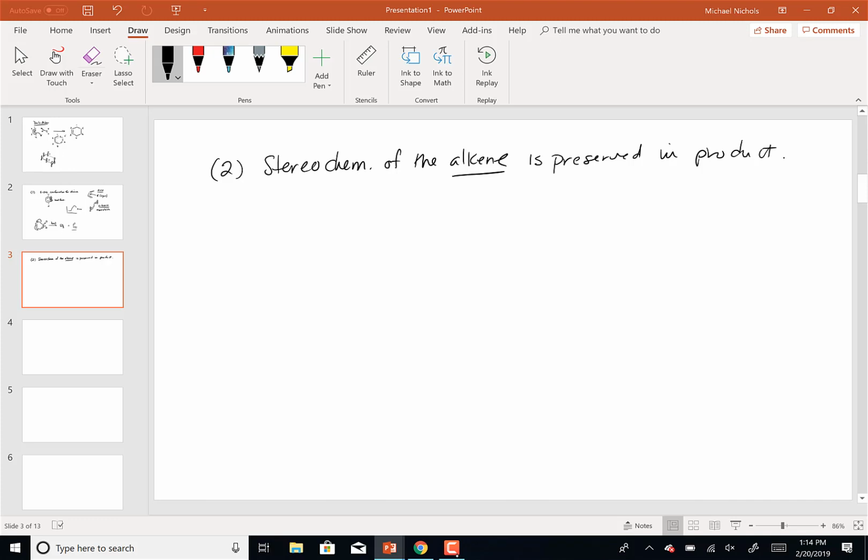So that means if the alkene is cis or trans, those two groups are going to be cis or trans in the final product. So let's say I'm reacting my butadiene with, let's say, this molecule, which would be some sort of acrylonitrile type molecule. Now, is there anybody thinking this reaction won't occur?